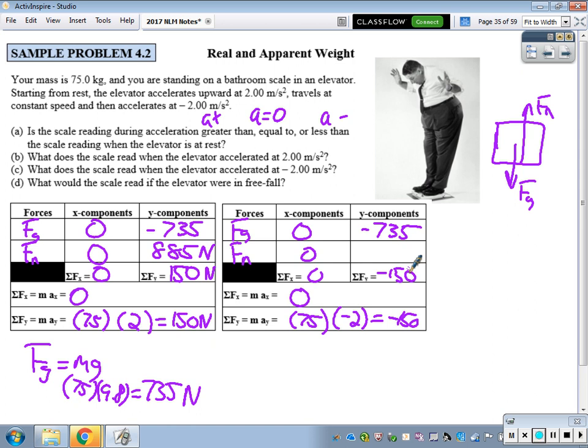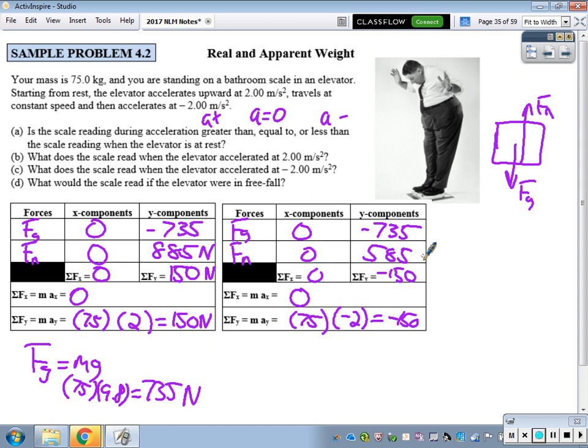What would that be? Paige, why don't you help us out here? 585. Good. It should be a positive 585 newtons. And again, that would be what the scale would read, as we're measuring the normal force.